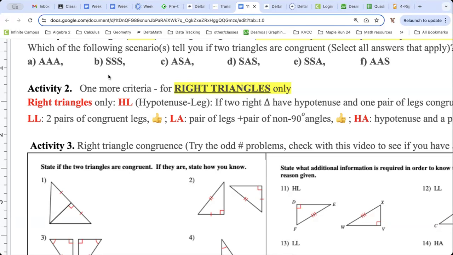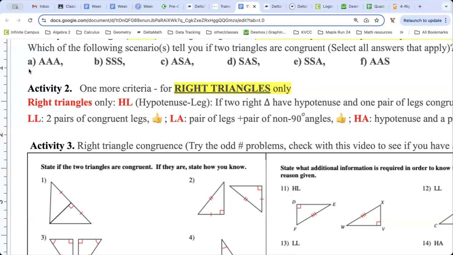So actually, out of those six, four are good, but angle, angle, angle (triple A) is not a good one. It just proves the triangles are similar, which means they have the same shape, but not the same size.